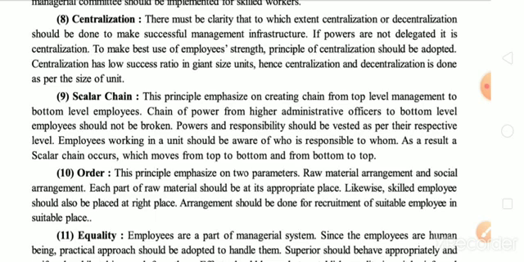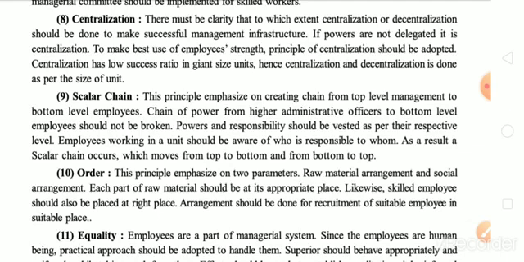So all those employees working in a unit should be aware of who is responsible to whom. It means he knows whom he has to report to, to whom he is answerable, or to whom he should give his reports and all the necessary information. As a result, a scalar chain occurs.